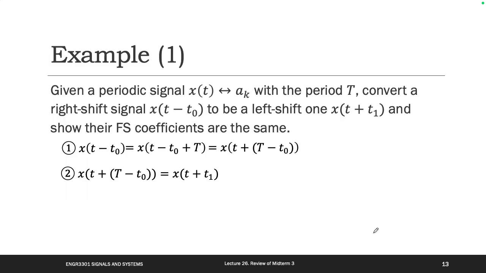You can see, the first one is a right shift by t0, and the second one is just a left shift, x(t + t1), which means this part, t minus t0, can be represented like this.